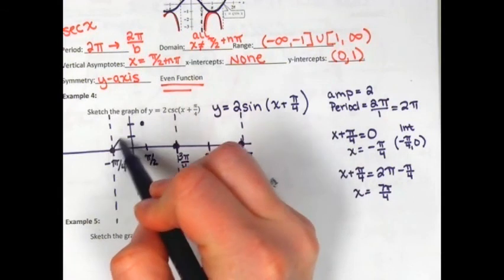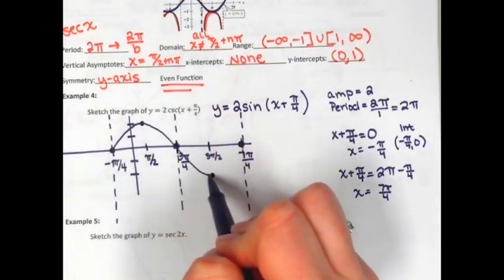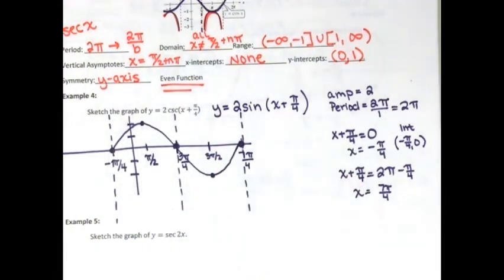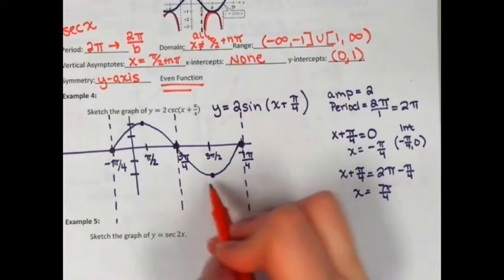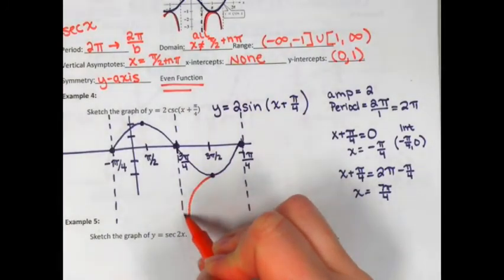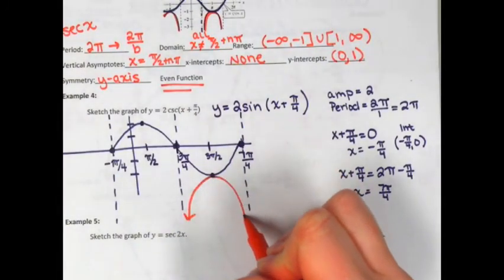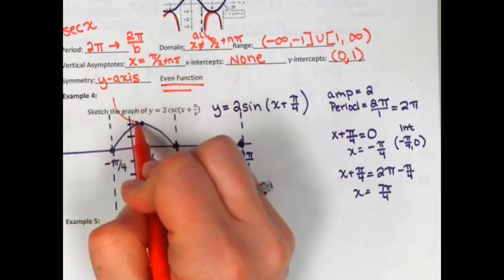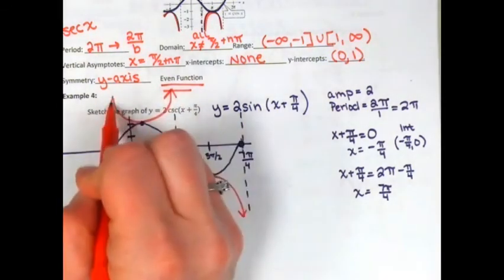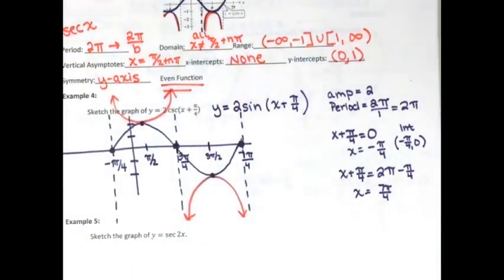So here is my sine curve, just one period of my sine curve. So guess what? Once you have that, guys, you can make your cosecant. Why? Because it's just the parabola off of your minimum and your maximum, and they just stay in between each one of those vertical asymptotes.